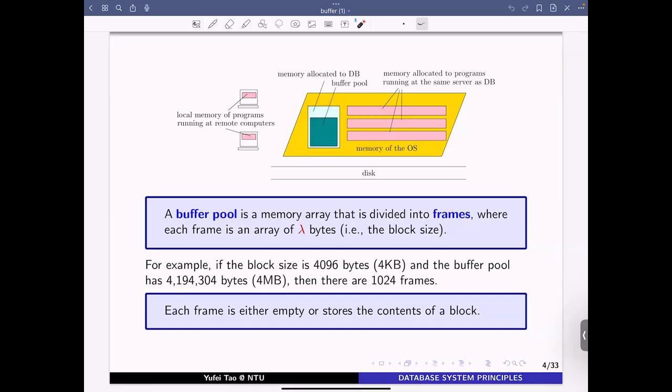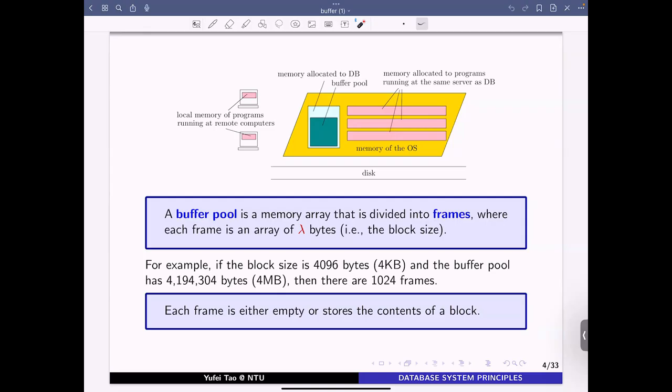And then the same operating system might also have some other programs running. The pink portions are the memory allocated to those programs. So the database has no control over these portions.